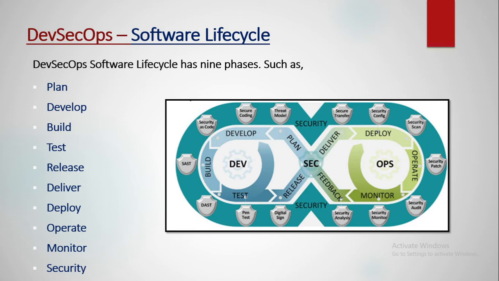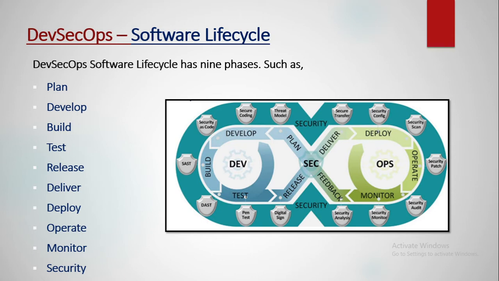To avoid these problems, the best solution is to embed security into each and every phase in the software development life cycle. The DevSecOps life cycle contains 9 phases. Here I mention them like plan, develop, build, test, release, delivery, deploy, operate, monitor and security.